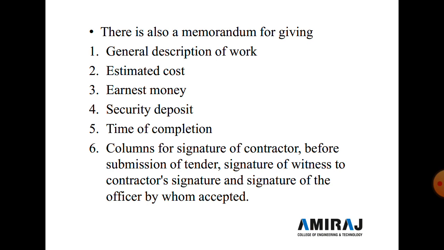First is a general description of the work, second is the estimated cost, third one is the earnest money, fourth one is the security deposit, and fifth one is the time of completion, and the sixth column is for the signature of the contractor before submission of the tender, signature of witness to the contractor's signature, and signature of the officer by whom accepted. So 3 signatures are compulsory in the form.